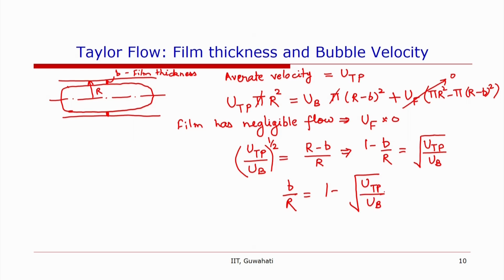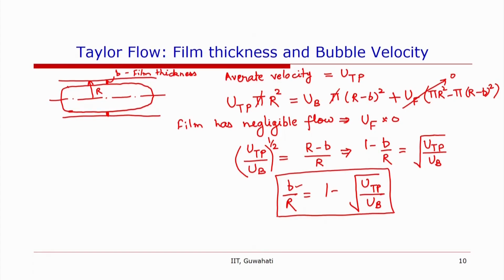You might note that the bubble moves faster than the average velocity in the channel, so that means this number is always going to be less than 1. So this is the relationship for film thickness. So we have seen that if we can find out the bubble velocity, then we can know what is the film thickness.